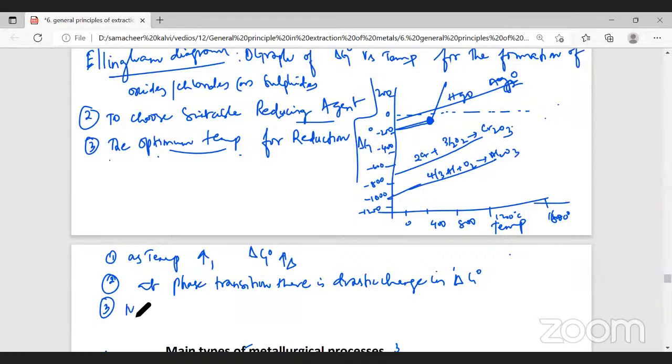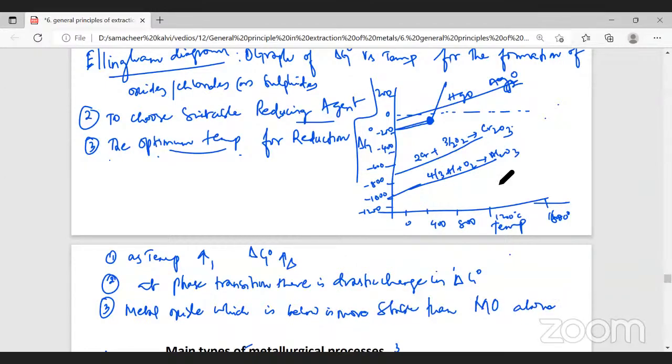Third point, the metal oxide which is below is more stable than the metal oxide above. Meaning, aluminum oxide is more stable than chromium oxide. That is what the statement says. I've written only 2 for our example. You would have seen the Ellingham diagram.